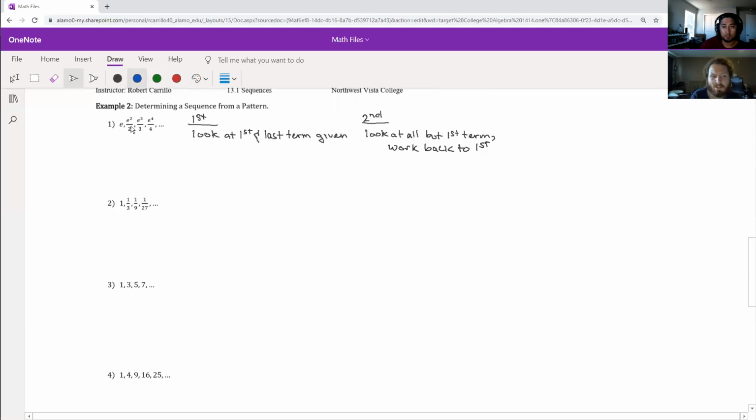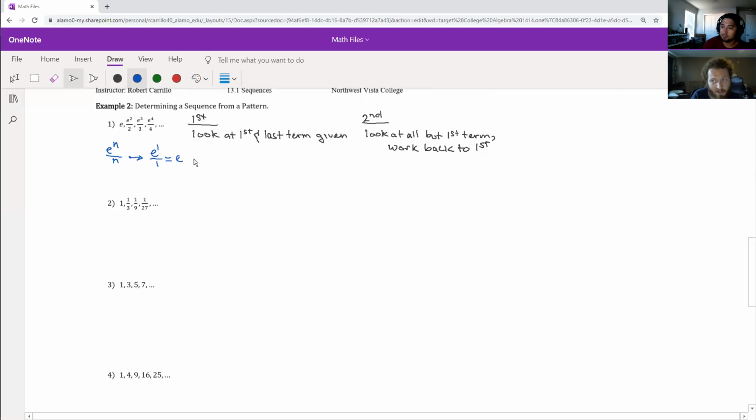But if I look at the second, third, and fourth terms, to me this is kind of obvious what's going on. If I look at just the other terms that are given, we're getting e to the n divided by n. And if you go back and look at the first term after that, we get e to the first divided by 1, which is equal to e.